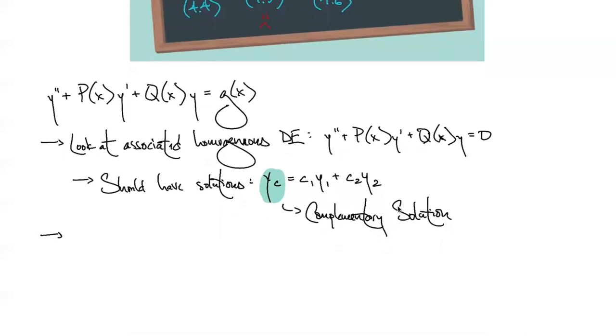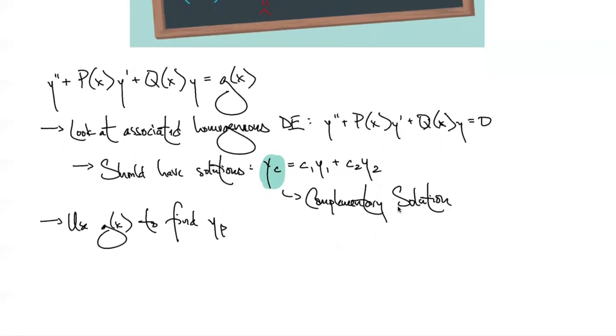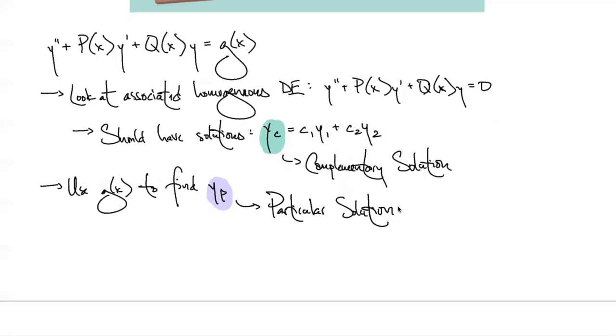And so we're gonna use g of x to find something we call y sub p, all right? And the y sub p is a solution just like the y sub c, except this one we call a particular solution, all right?